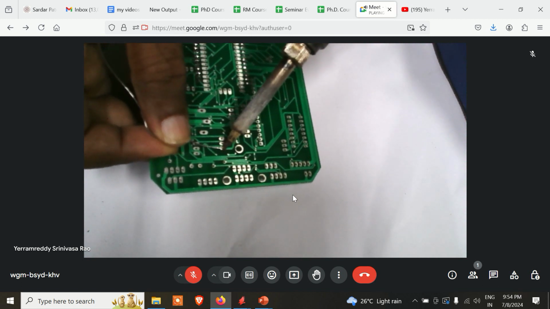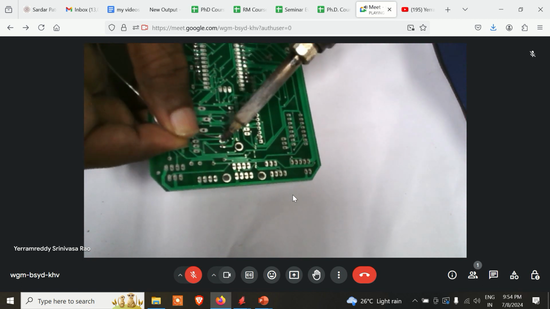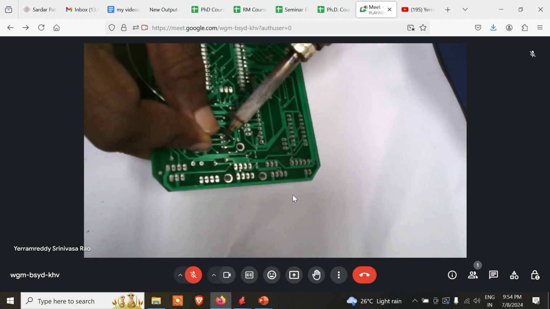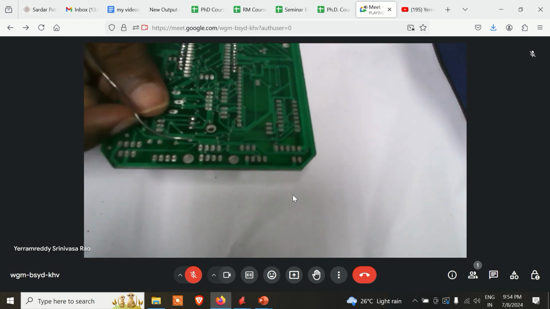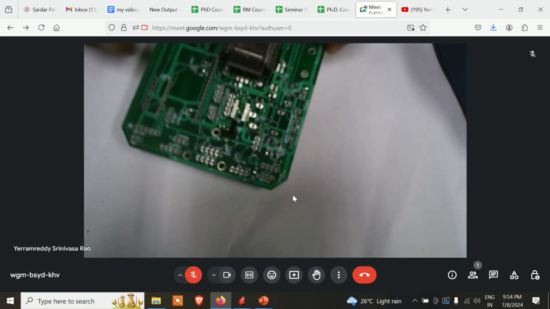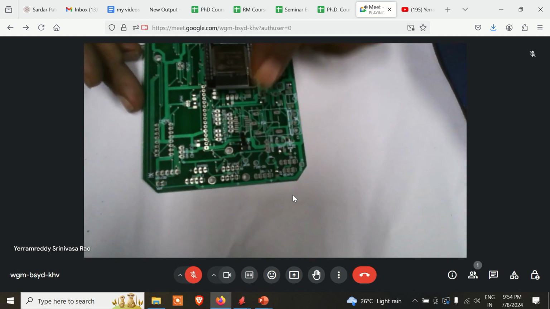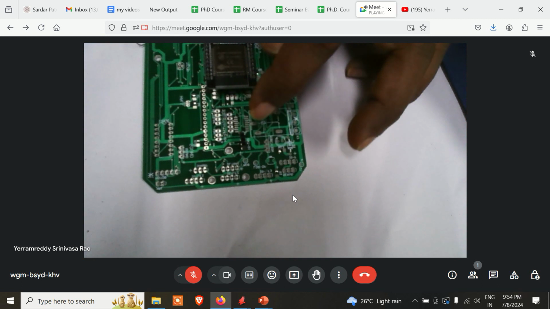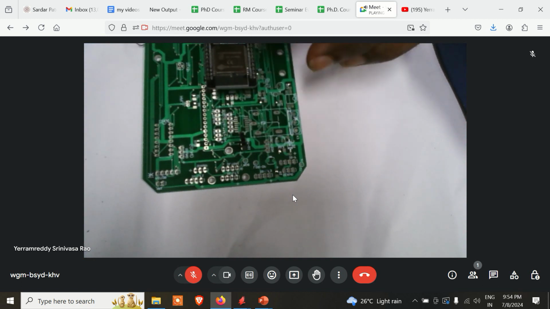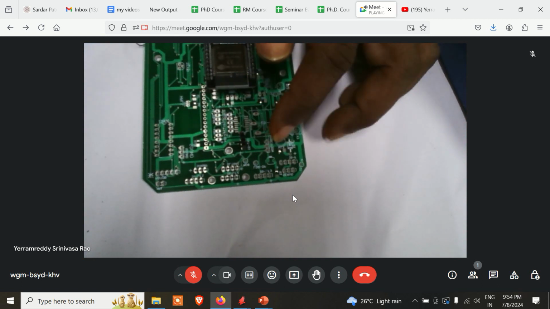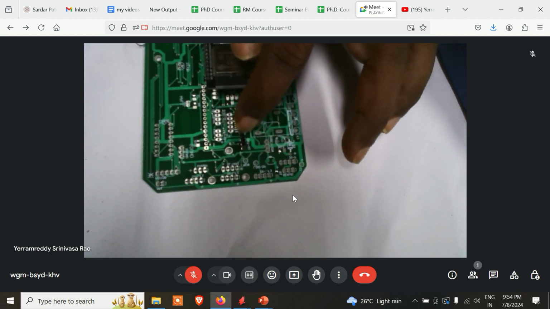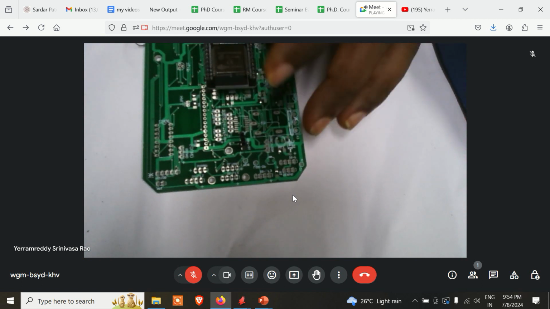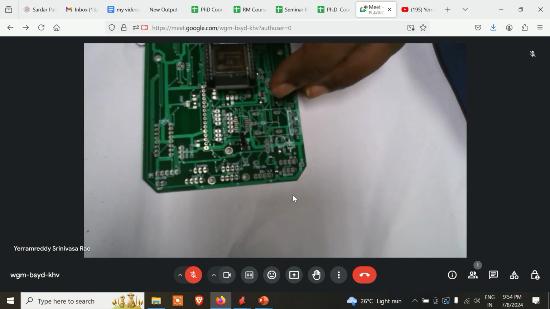Initially we will short circuit the input pin either to VCC or ground, and eventually we will mount some sensors also in the same socket, because the advantage of this socket is one side there is VCC, the other side there is ground, and the center pin is connected to the microcontroller. So we will give either 3.3 volts or ground to that pin by short circuiting these 2 pins, and we will verify whether the CPU is reading or not.